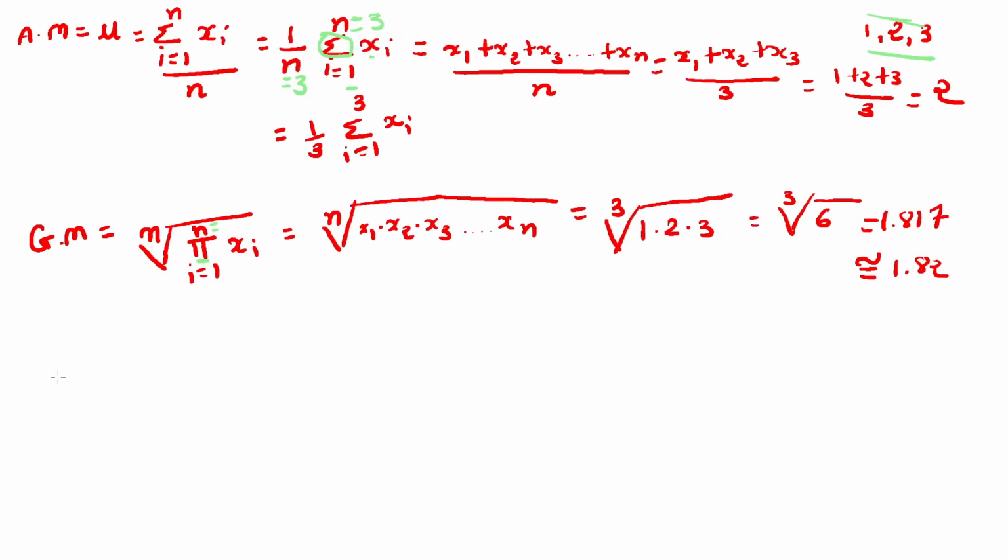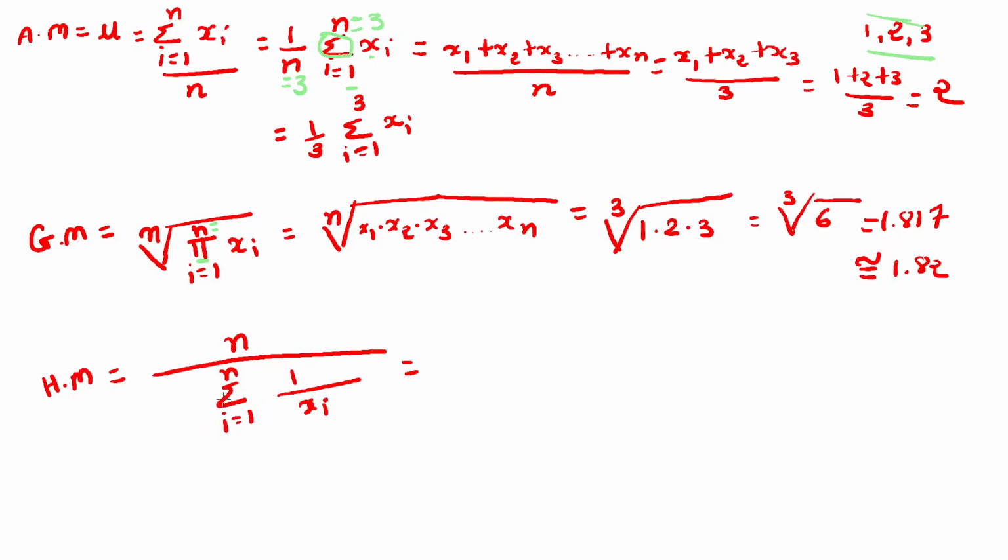Okay, and the last mean is harmonic mean. And the equation of this mean is n divided by sigma i equal to 1 to n 1 divided by xi. Okay, so again this n will be total counts or total number of data points.